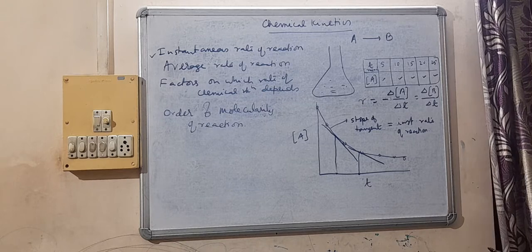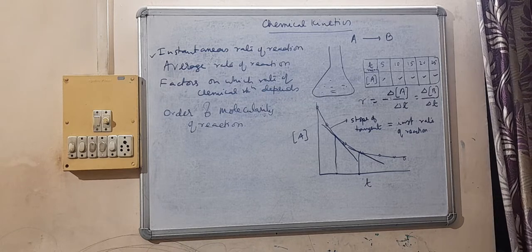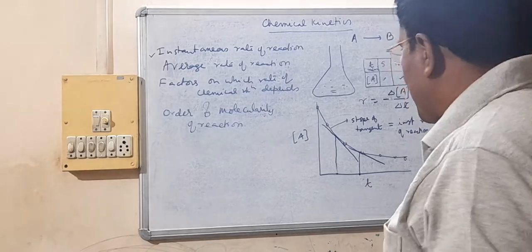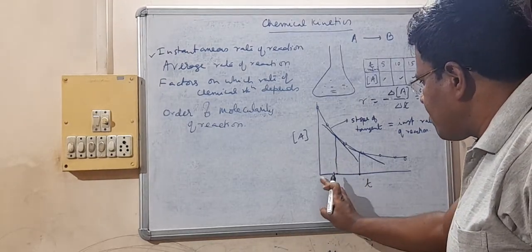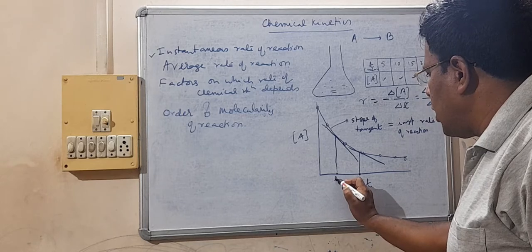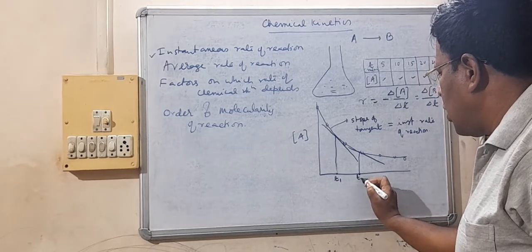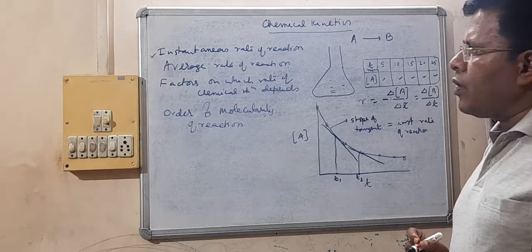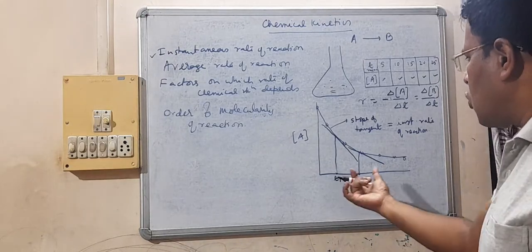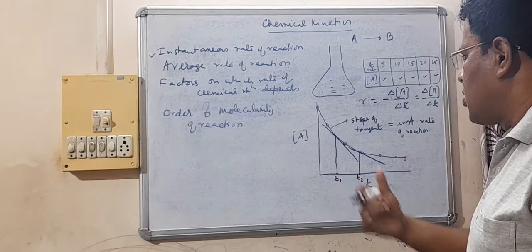Okay, now average rate of reaction. What is average rate of reaction? Suppose this time is T1 and this time is T2. Suppose we want to find the average rate of reaction over this time interval.